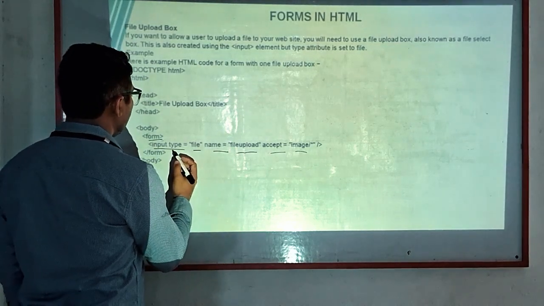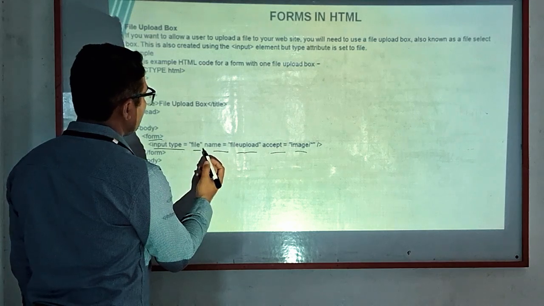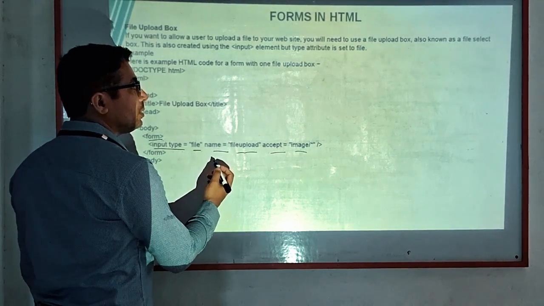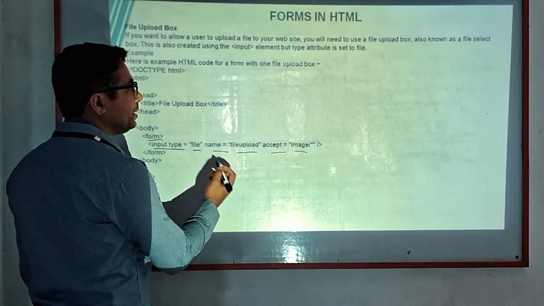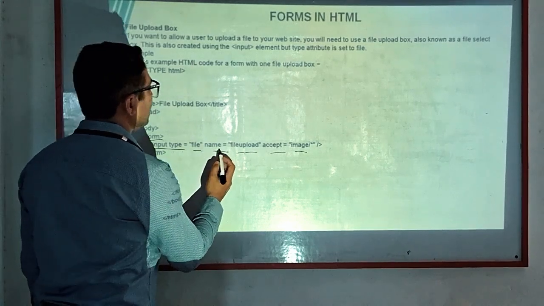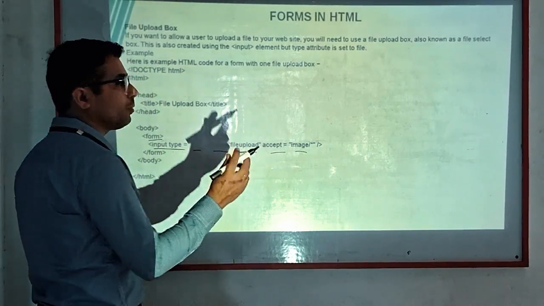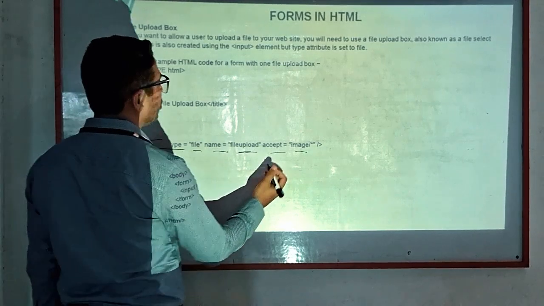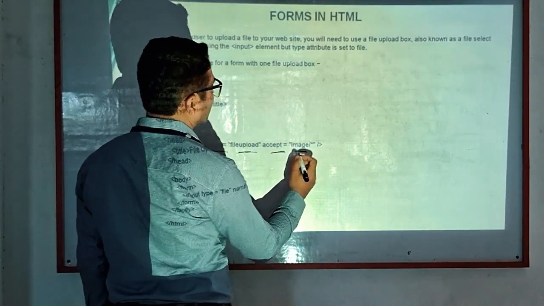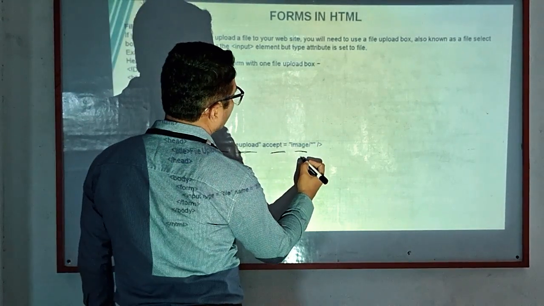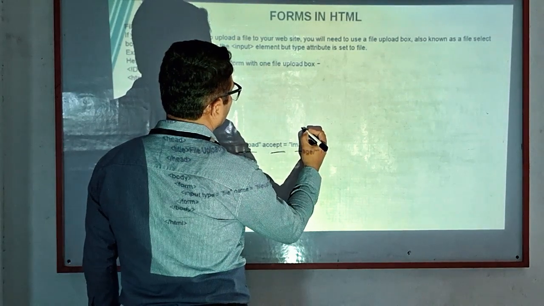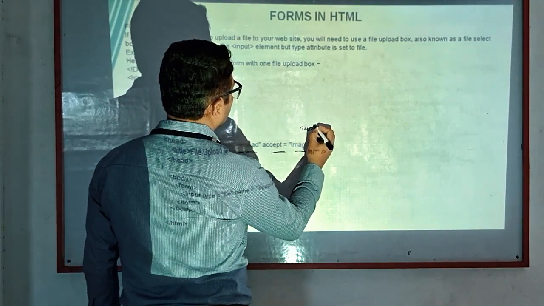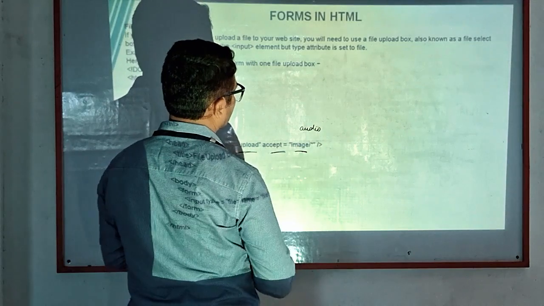This will be the indication that there is a file input dialog box, and the name attribute will be file upload, and it will accept only images. If you write audio file here, then it will accept audio files. Okay.